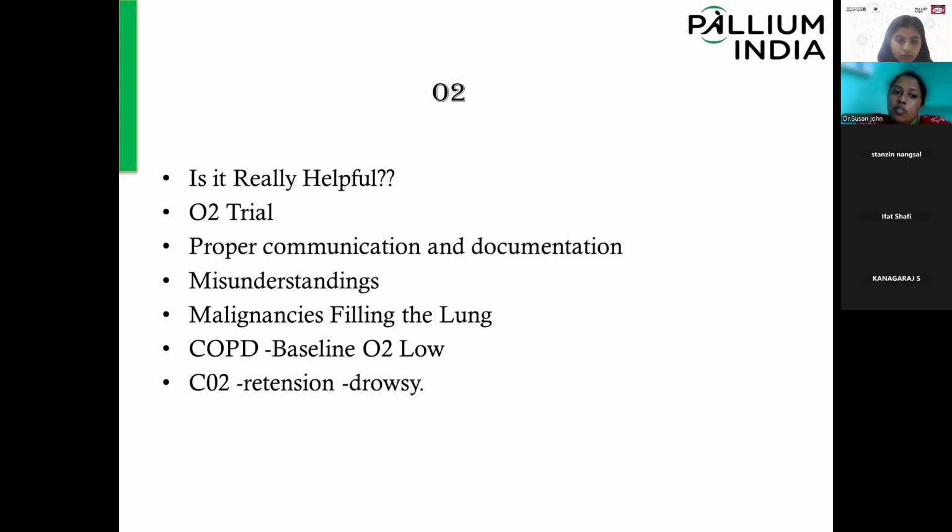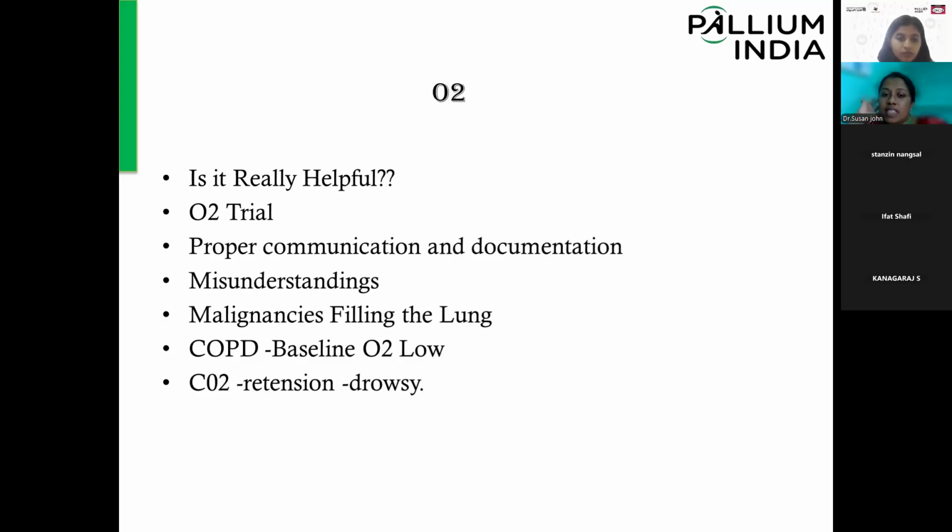So you have to give proper communication and documentation before giving this O2 trial, and you have to explore the insight of the caregivers and patients regarding misunderstandings about oxygen therapy. The malignancy filling the lung is the main cause of breathlessness in these patients, so you have to communicate that.